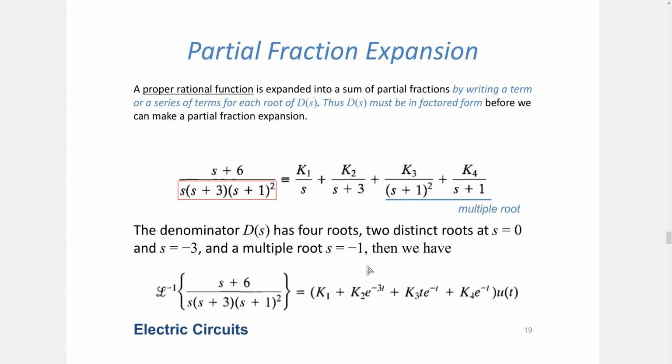And then the third term will be k3 times t times e to the minus t, the ramp function, and k4 times e to the minus t, times u(t), the unit step function, as the Laplace is defined for t greater than 0. We multiply it with the unit step function to make it mathematically compliant.